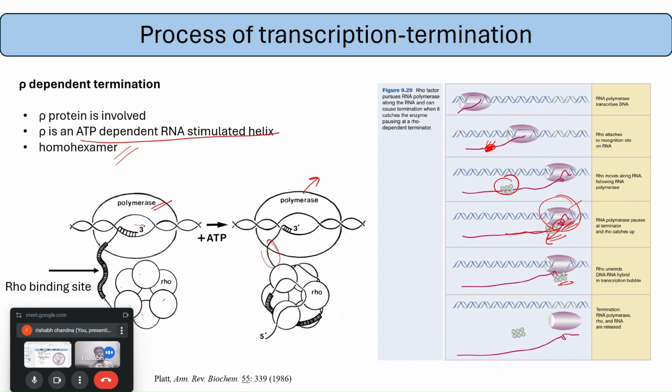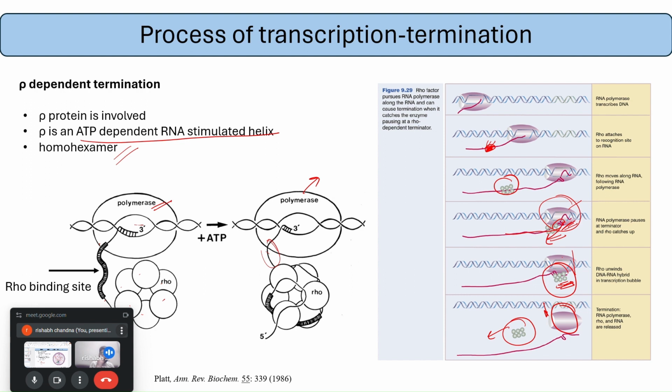The complementary base pairing is removed by the hexamer, that is the rho protein, so that the RNA polymerase can easily leave the RNA molecule. After reaching the termination site, the RNA polymerase is also released from the DNA, along with the release of the rho protein. So this was the basic idea about rho dependent termination.